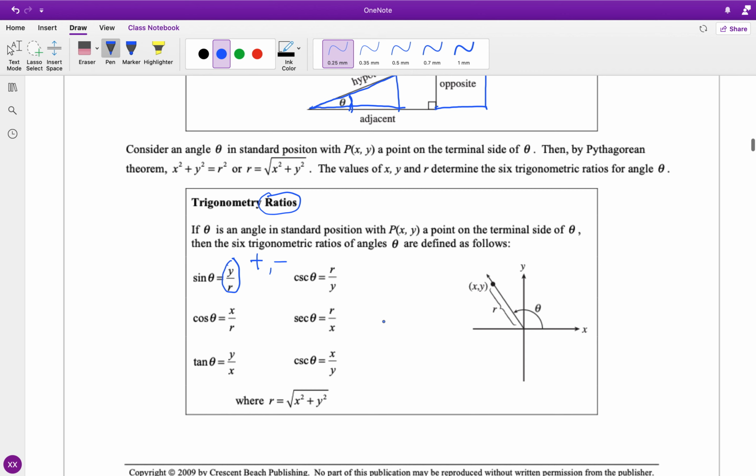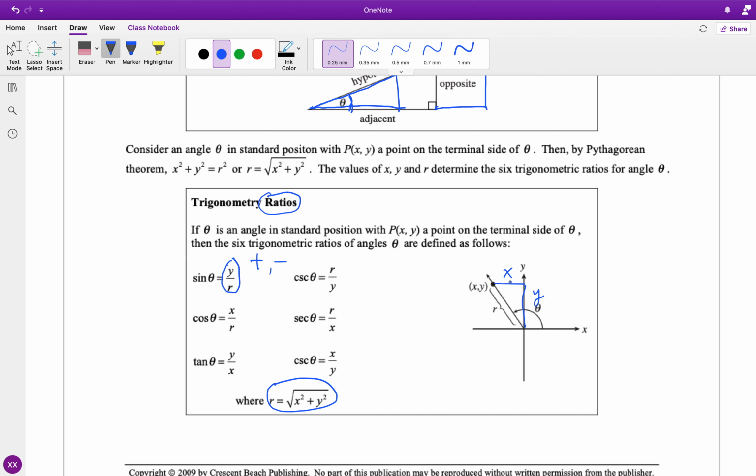Note, however, the so-called hypotenuse, which is the radius, this one is always positive, because this is what you're showing. This part is x. Now this part is y, right? This part is y. That's from your coordinate.